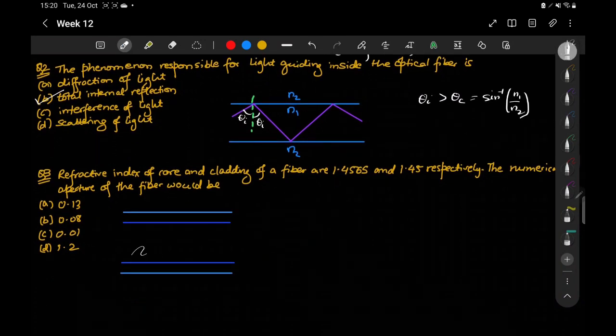So this is my core. This is my cladding. And this is N0. This is N1 greater than N0. This is N2 greater than N1. And this again is N0. And this is N1.